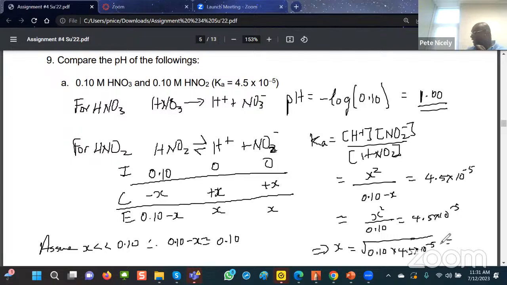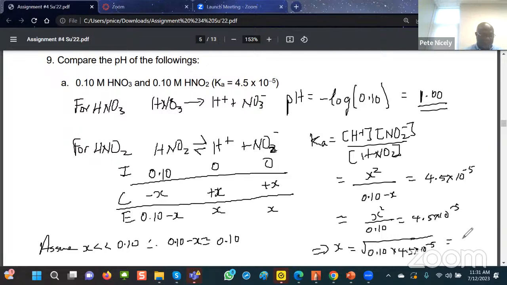And when I did that calculation, the answer I got is, oh, I didn't do that. Okay, let me do this here. 4.5 times 10 to the minus 5 times 0.1 equals that, and then I found the square root of that.